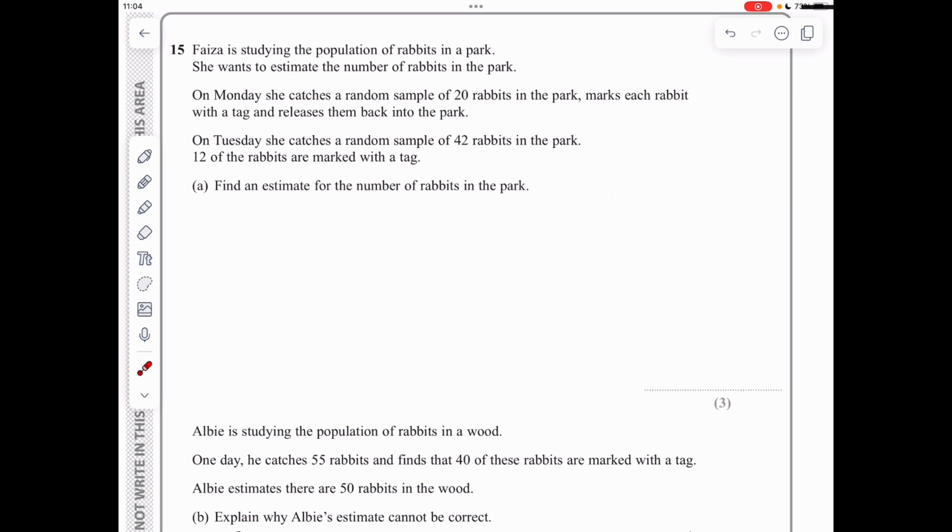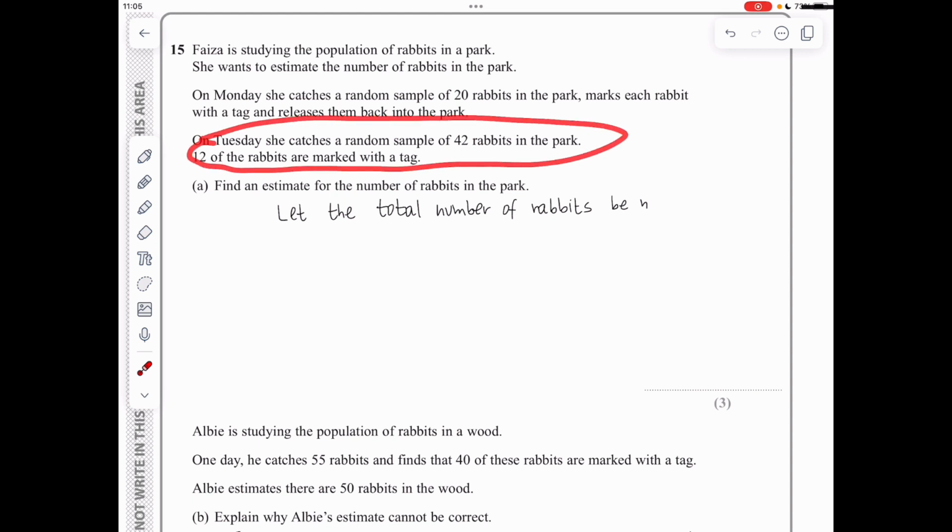So I will actually start by saying that the total number of rabbits, I will call this n. And I will use analogy here. I will say that the proportion of rabbits that were tagged in the total population is equal to the proportion of rabbits that were found to be tagged in the sample collected on Tuesday.